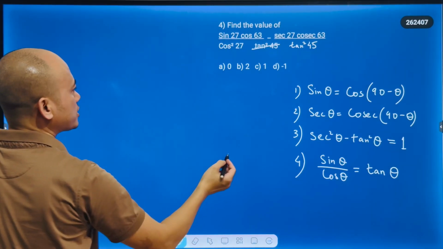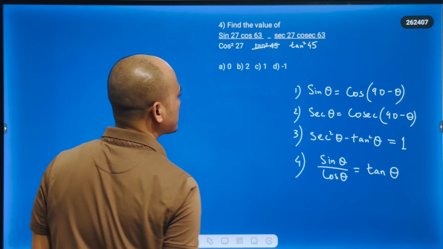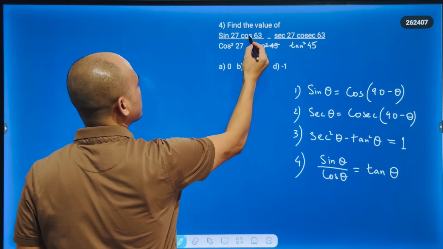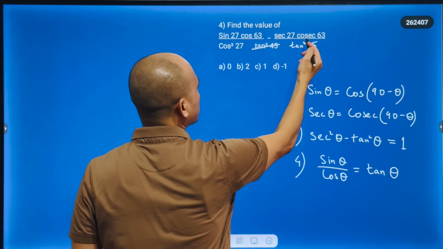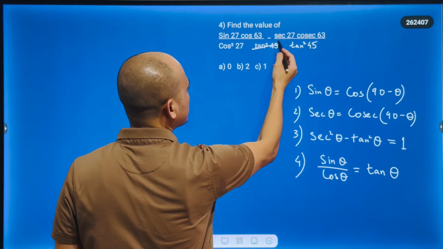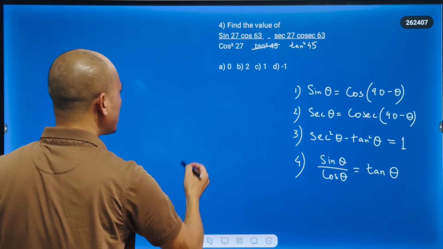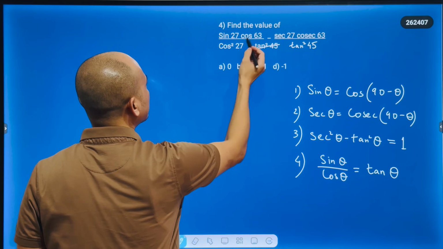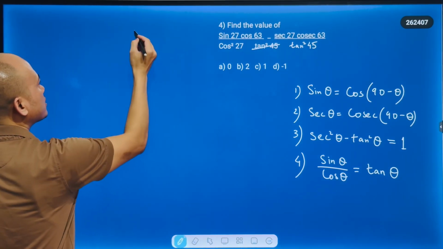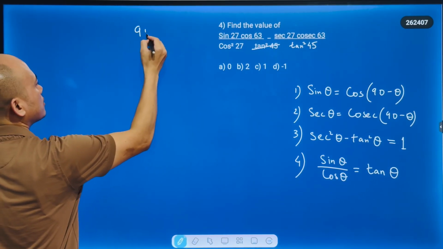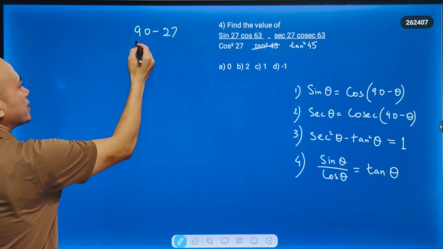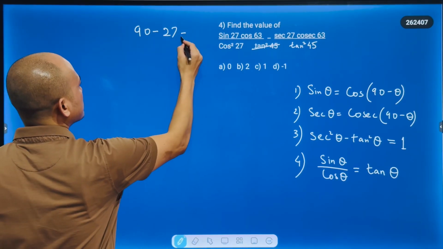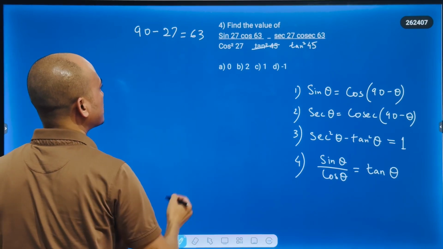So here sin theta is equal to cos 90 minus theta. This part, cos 63, we will convert to sin theta, and cosec we will convert to sec theta. How can we write 63? We can write 63 as 90 minus 27, because 90 minus 27 is equal to 63.